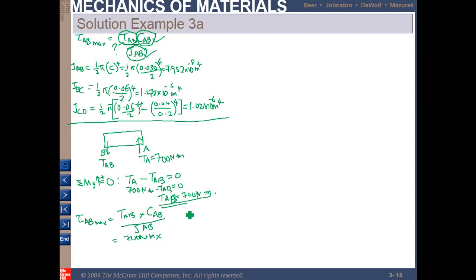C is equal to 0.03 over 2, divided by JAB that we have calculated, which is 7.952 times 10 to the power of minus 8 m4.